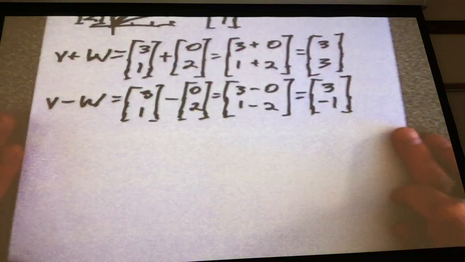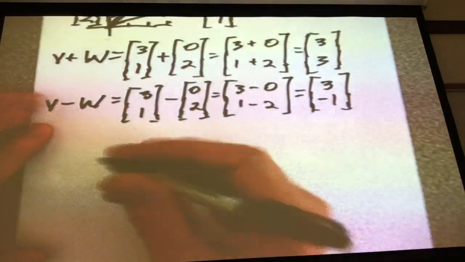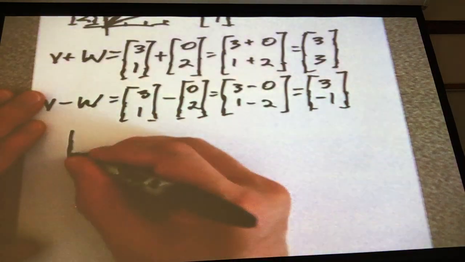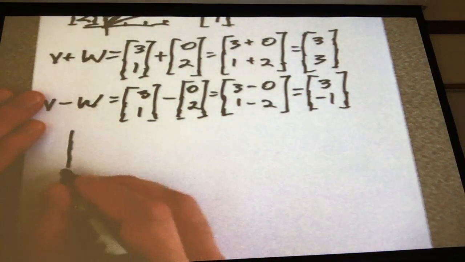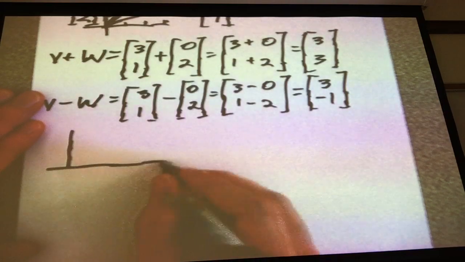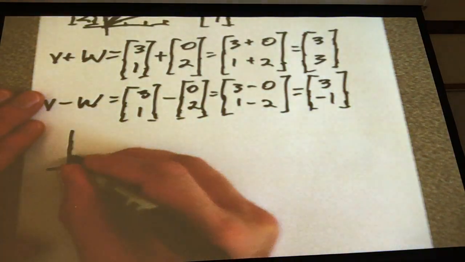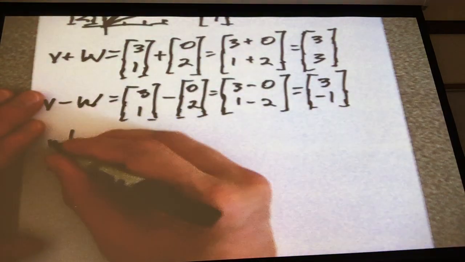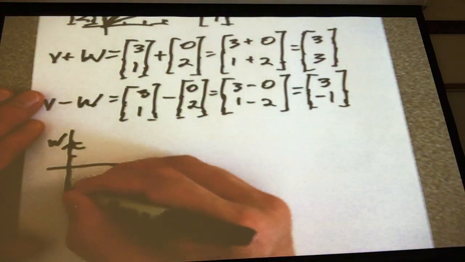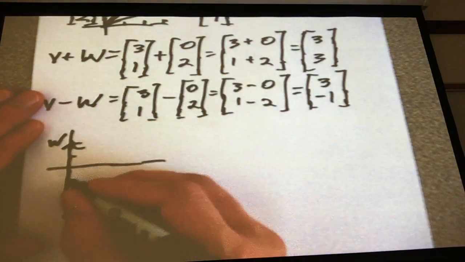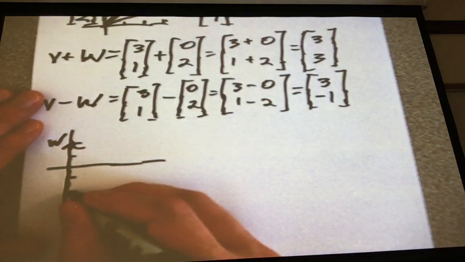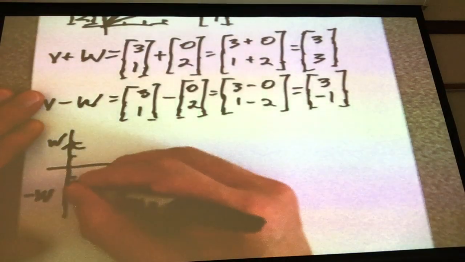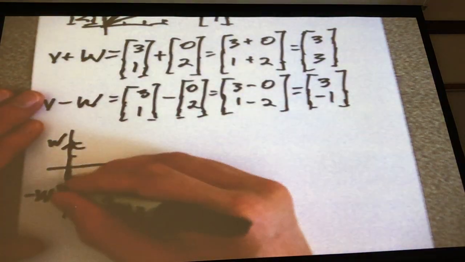So for this guy right here, this is W. If I go down 1 and 2, this would be negative W, pointing in the opposite direction.